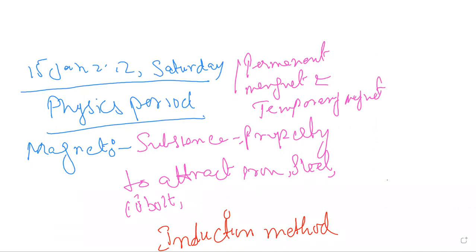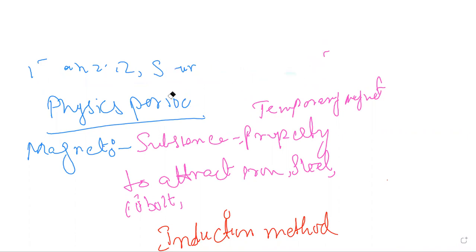When a piece of magnetic material such as iron is kept very close to a magnet, it behaves like a magnet. The magnetism so acquired is called induced magnetism, and the method is called the induction method. Okay, that's right. Nice.